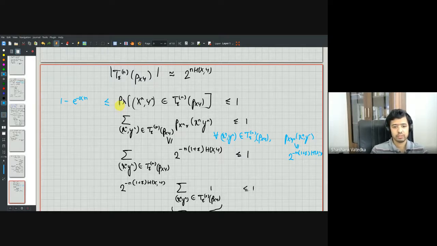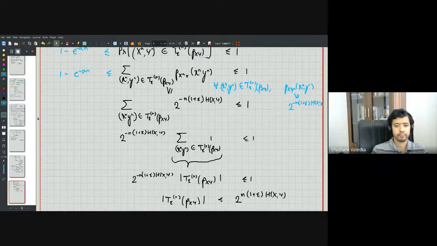All right. So therefore, this quantity is greater than or equal to 1 minus e to the minus alpha times n. And now instead of using a lower bound on this probability, you can use an upper bound on the probability.